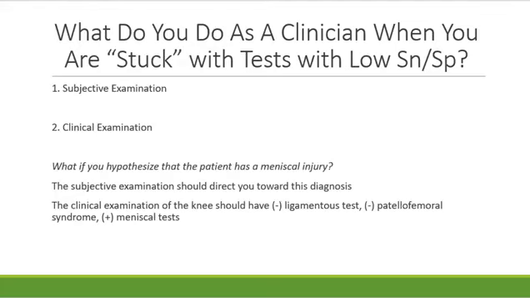So what do we do as clinicians when we're stuck with tests with low sensitivities and low specificities? Again, you're doing that subjective examination, finding out what's going on. So many times when the patient tells you what happened, you're able to get a good idea as to what actually occurred. You do the clinical examination, and then you hypothesize or put as part of your differential diagnosis that the meniscus may be involved.